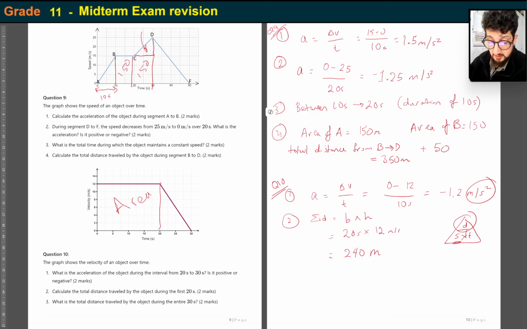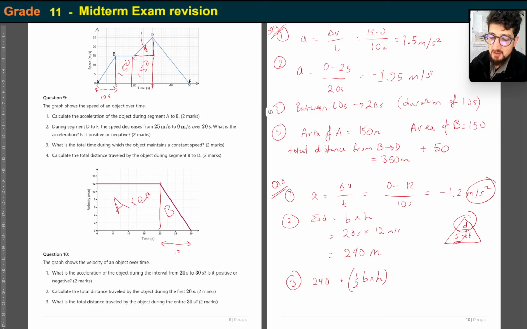Okay. Calculate the distance for the first 20 seconds. We did that. What is the total distance traveled by the object during the entire 30 seconds? So we know it's going to be 240 plus half base times height, which is this one here. So area B is equivalent to 10. Now, some students will make the mistake of going 25 times whatever.